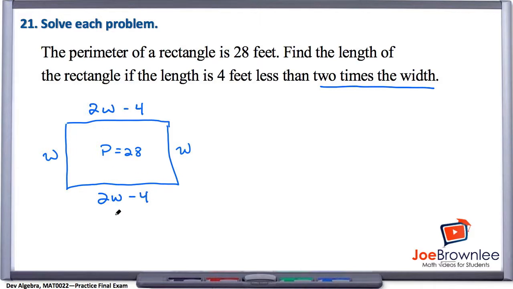All right, well, remember with a rectangle, the opposite sides have to be the same. And so if this is 2W minus 4, this also has to be 2W minus 4.